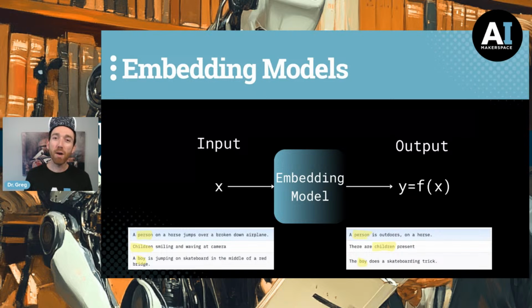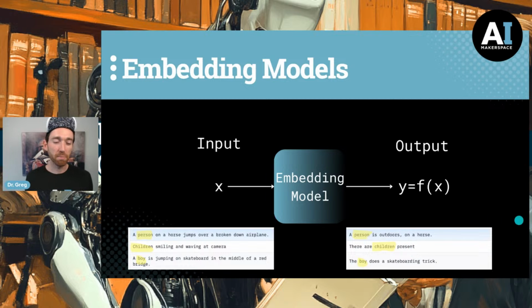So if our embedding model is one that can take in text and locate it relative to other text, we want it to be able to do this well with specific words. You see here, children smiling at and waving at camera, and there are children present.